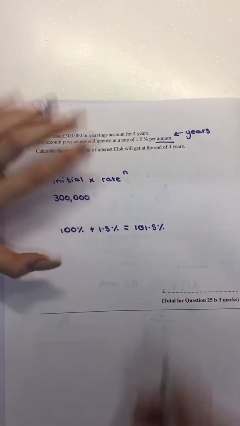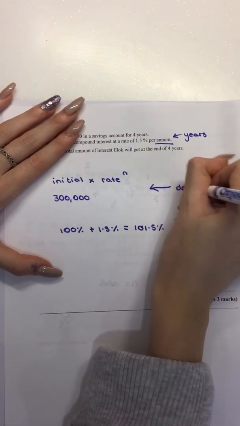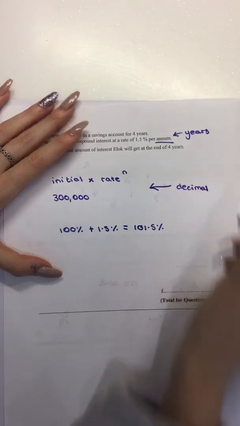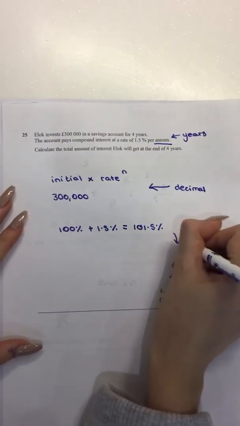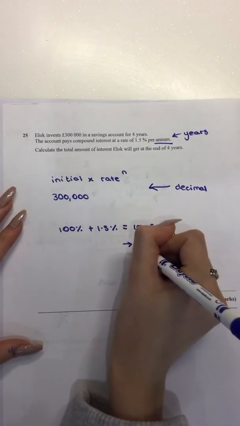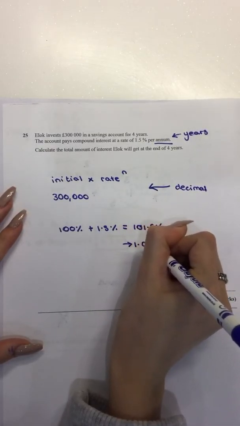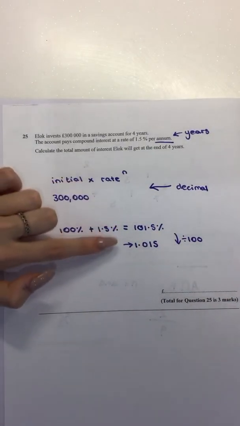Now, to be as a rate, it must be as a decimal. So how do we get percentage to decimal? Well, we divide by 100. So our rate is 1.015. So that is now our rate.